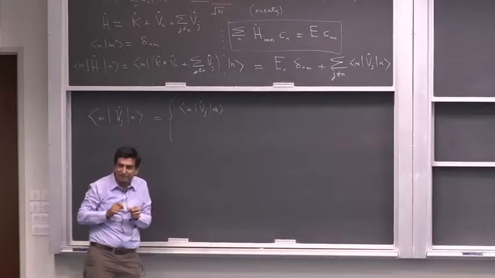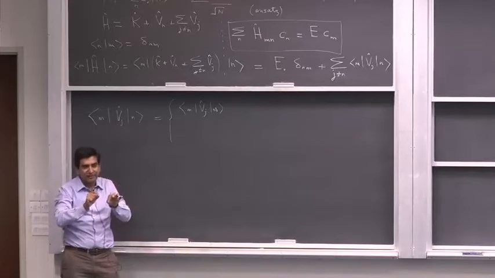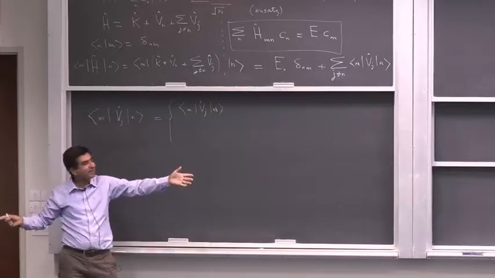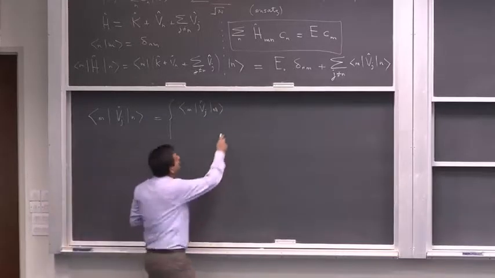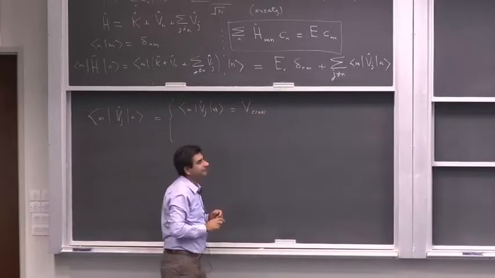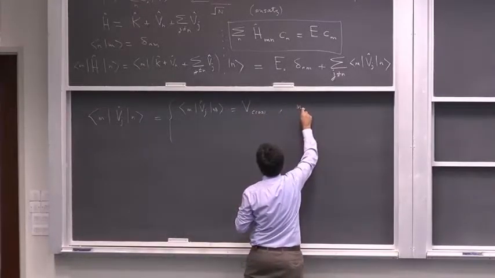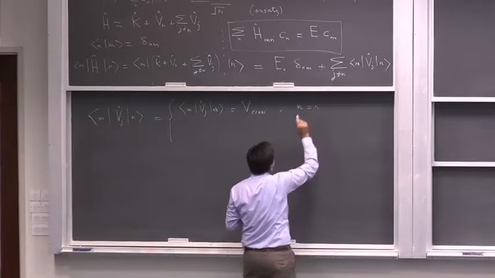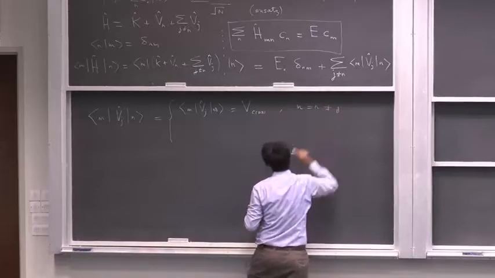So this is the interaction of the electron with some other nucleus, because j is not the same as m. So this is like a cross term, V cross. And n, by the way, is equal to m in this case, and none of them is equal to j.